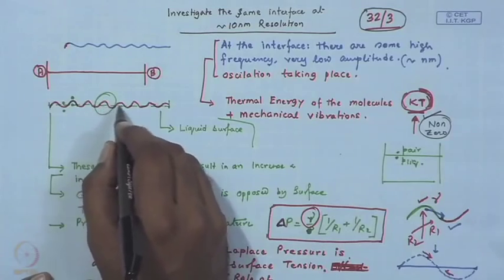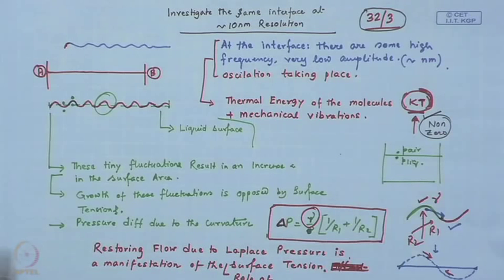Also, since the surface of the liquid is no longer flat but corrugated, you have a non-zero spatial distribution of Laplace pressure, because we have already studied in one of our previous lectures that if you have a non-planar surface, there is Laplace pressure.